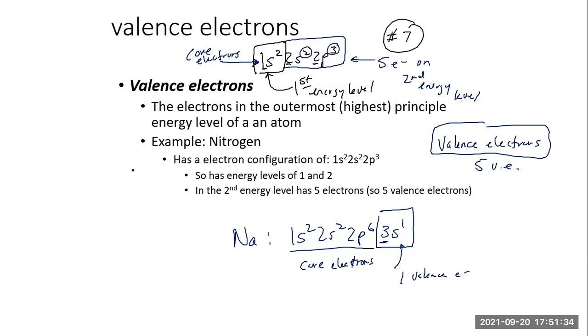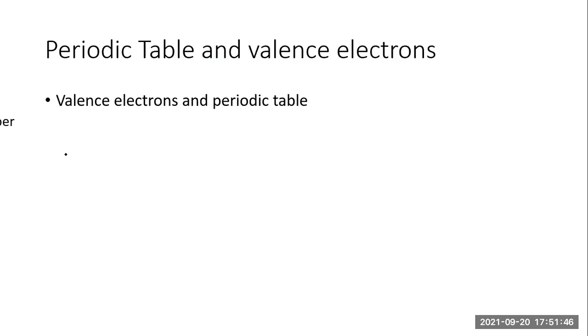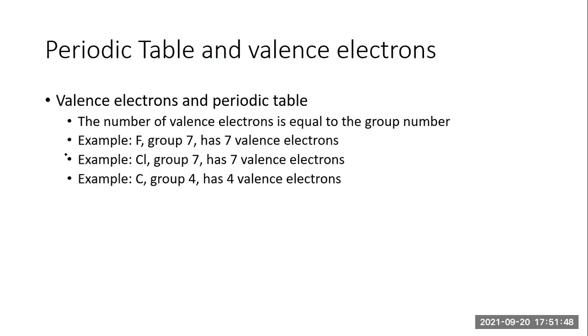Now, when we write electron configuration to figure out valence electrons, we absolutely could do that. But there's a much easier way, and that is that the number of valence electrons equals the group number.